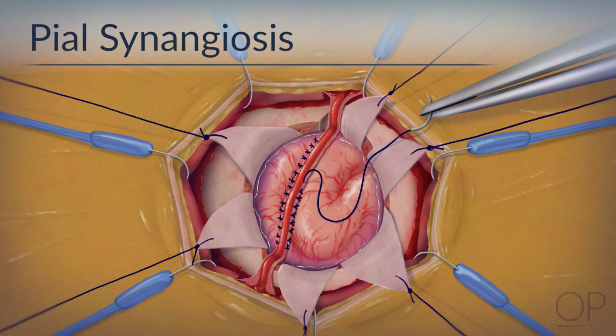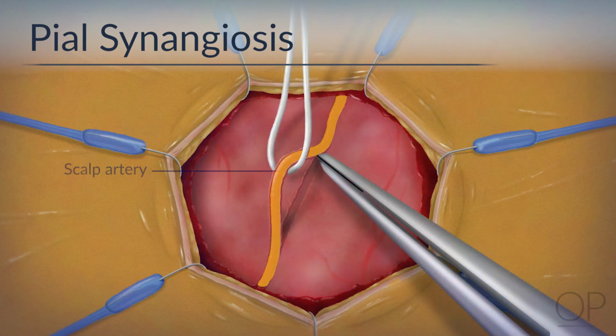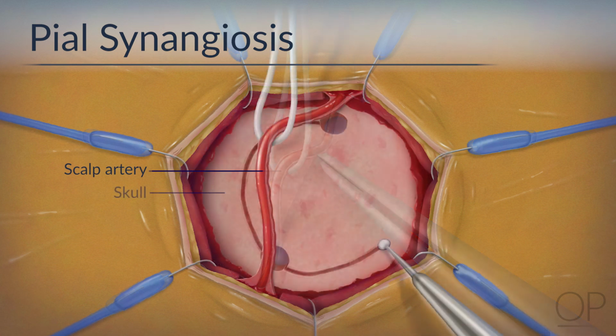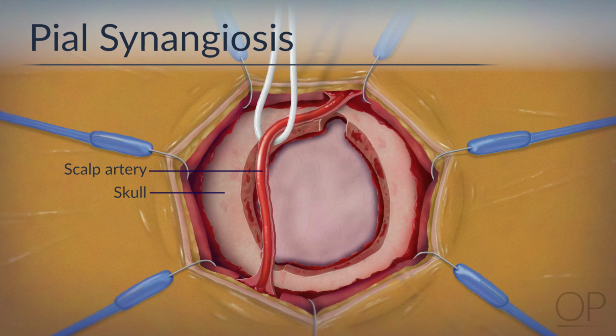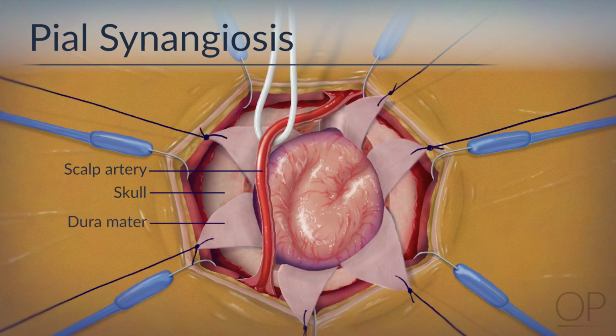The technique of pial synangiosis involves the following steps. A scalp artery, typically a branch of the superficial temporal artery, is dissected free. A craniotomy is performed, removing a piece of the skull bone. The dura is then opened in a stellate fashion while avoiding disruption of meningeal collateral vessels.